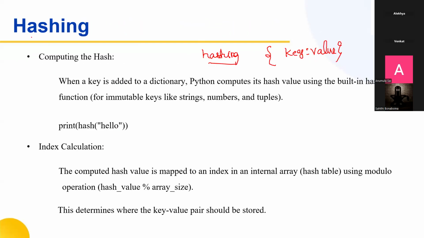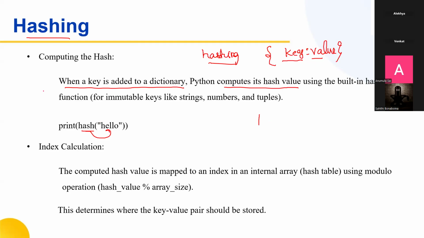Now, let me discuss the purpose of hashing. Whenever we are creating a key for any value, it internally uses a technique called hashing. When a key is added to the dictionary, Python computes its hash value. In Python, the hash value can be computed using the function hash of a string.